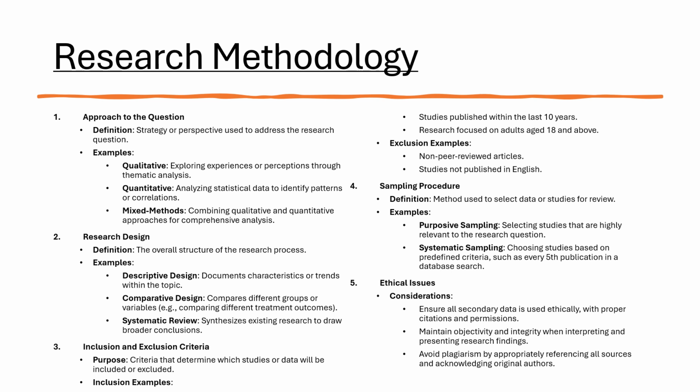So, the sampling procedure: the methods used to select the data or studies for the review. Examples are purposive sampling and systematic sampling. The ethical issues: ethical consideration ensures the secondary data is used ethically, with proper citation and permissions.